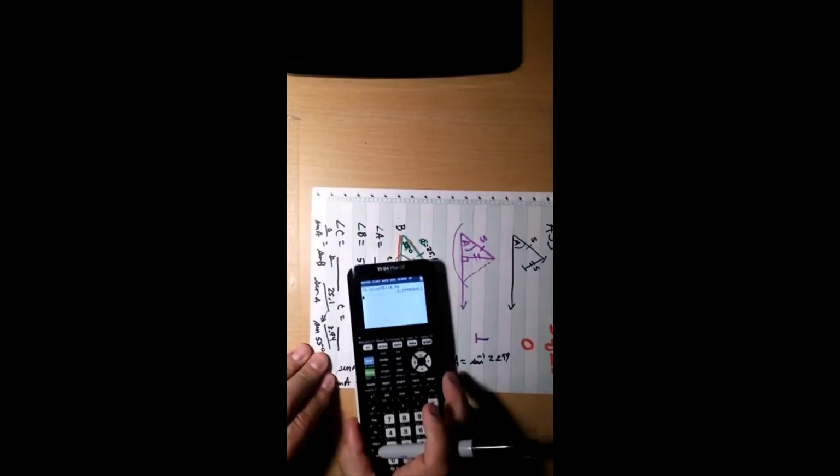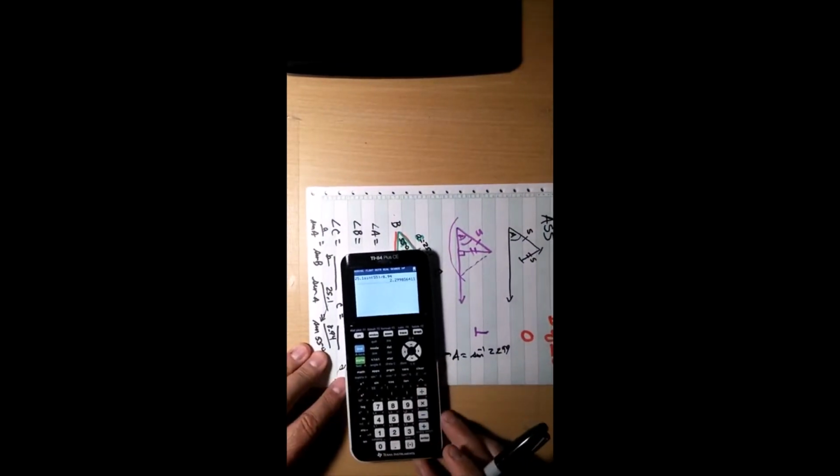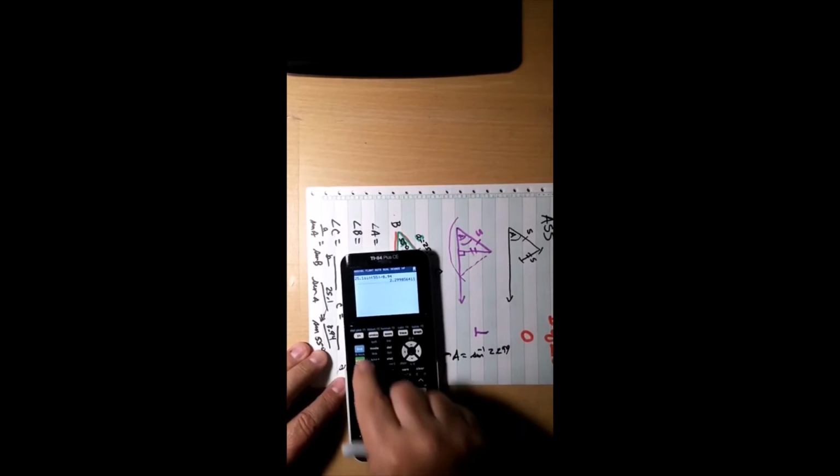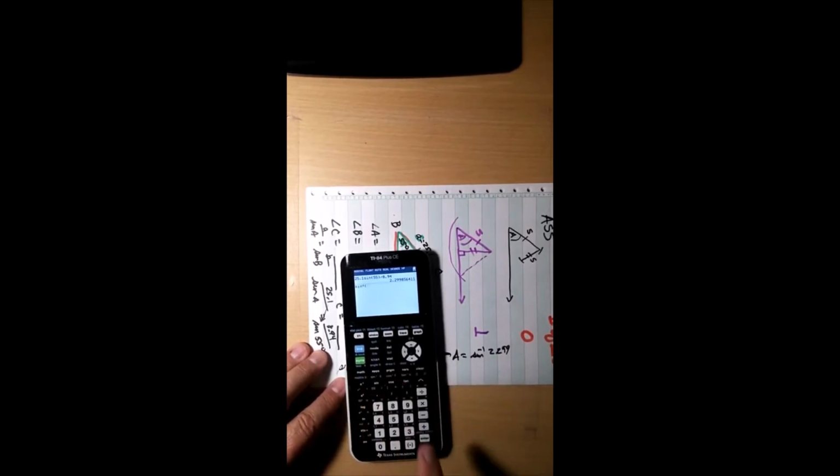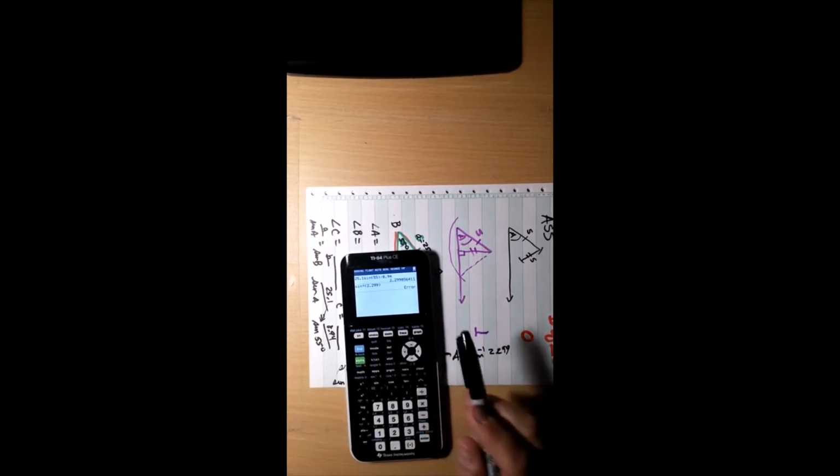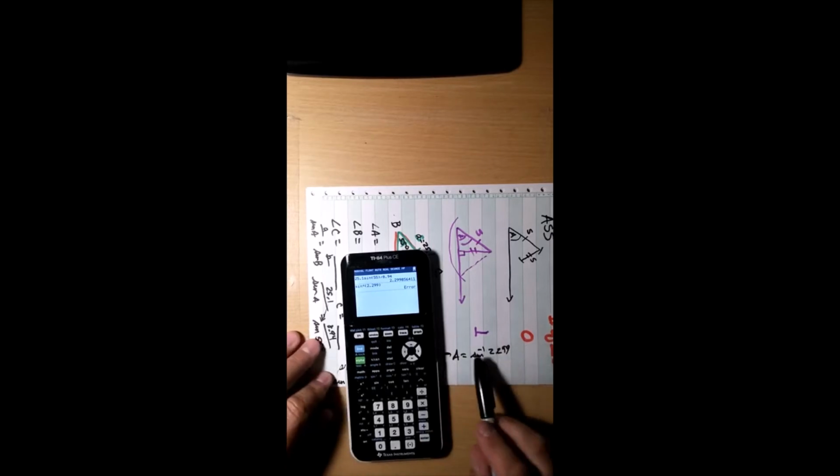And when you calculate that, the inverse sine of 2.299, you get error. What? Well, when you get an error, you could have done something wrong, or the calculator may be telling you that you're trying to do something wrong.